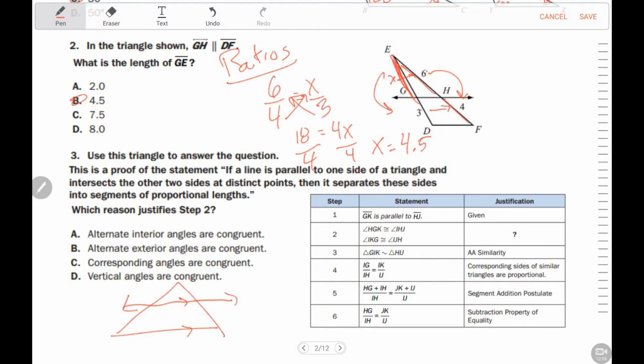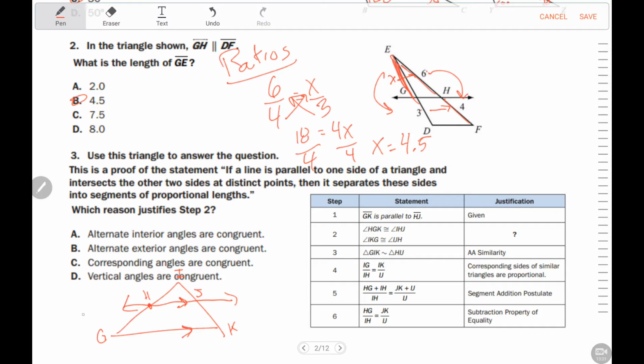Yeah, so basically you have this triangle that looks something like this. It's got two parallel sides, and we want to know which step justifies step 2. Let's see. Hang on one second, let me make sure my triangle's drawn right.